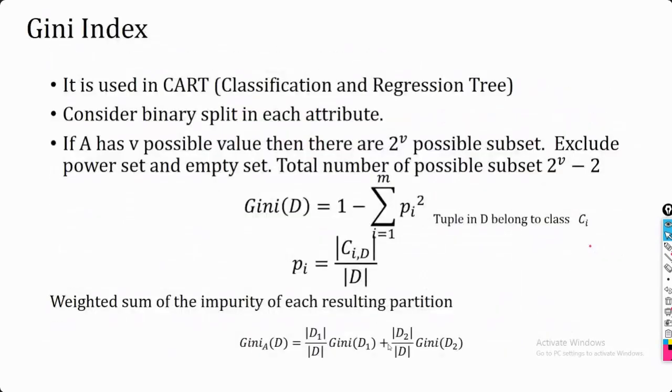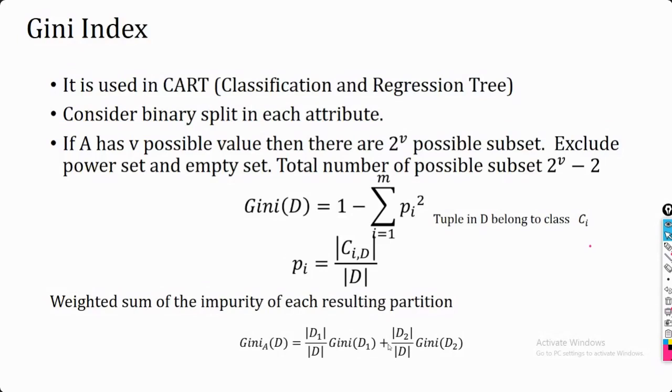Next, consider this Gini index. This Gini index is used in CART, and this classifier works for classification problems and also for regression. That means discrete classification, and even continuous value identification. In both cases we can use CART.